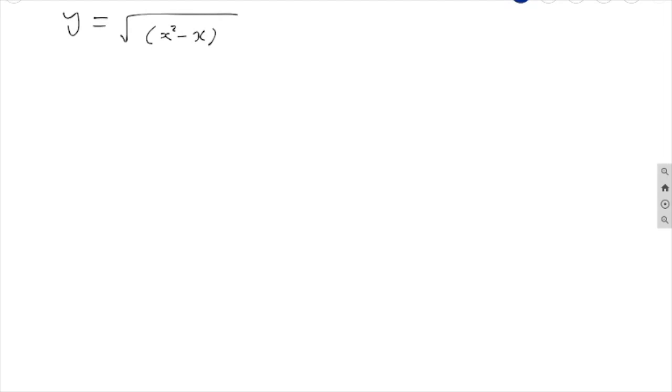First things first, we're going to separate our functions. f of x is the square root of x, which is equal to x to the 1/2.